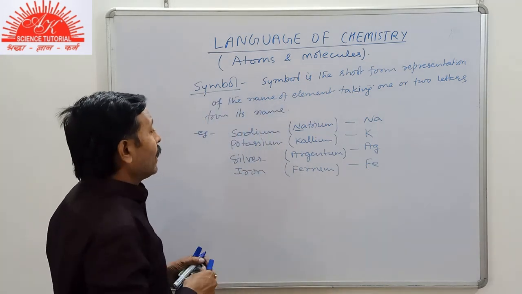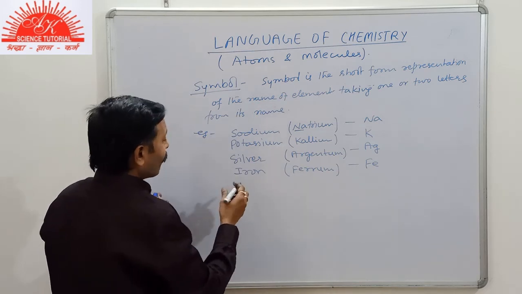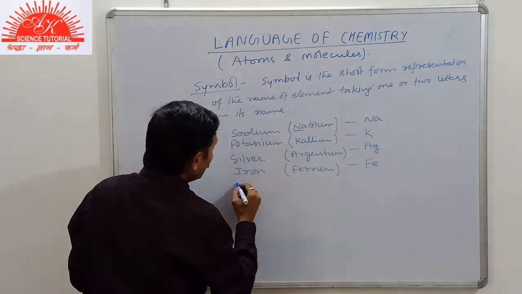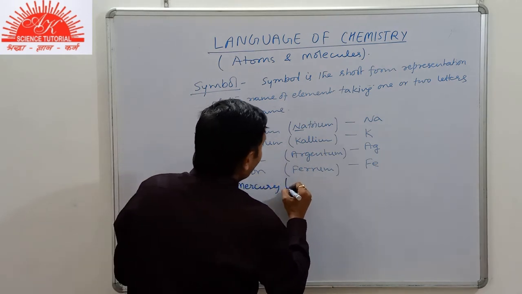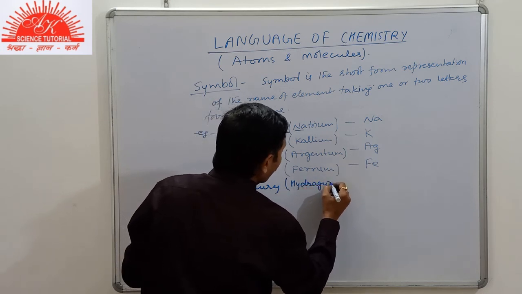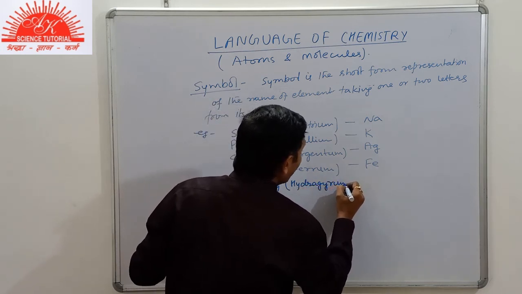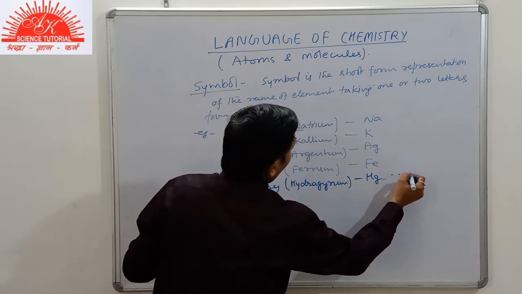Similarly, students, there are many other symbols also. For example, suppose we take mercury. Its name is hydrargyrum, hence Hg, and so on.